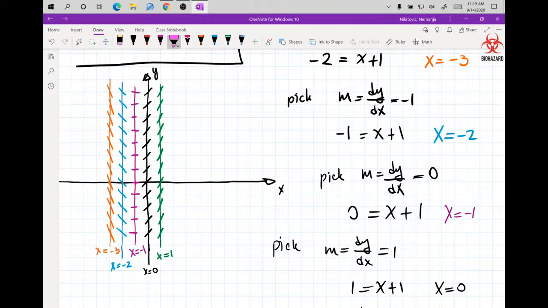So if I take now this, these guys will guide me to go this way, then this one bends, then this one is flat, then this one tells me right and goes up. And as you can see, as I draw these nicely and slowly, I'm getting these solution curves to be the parabolas that I was expecting earlier.